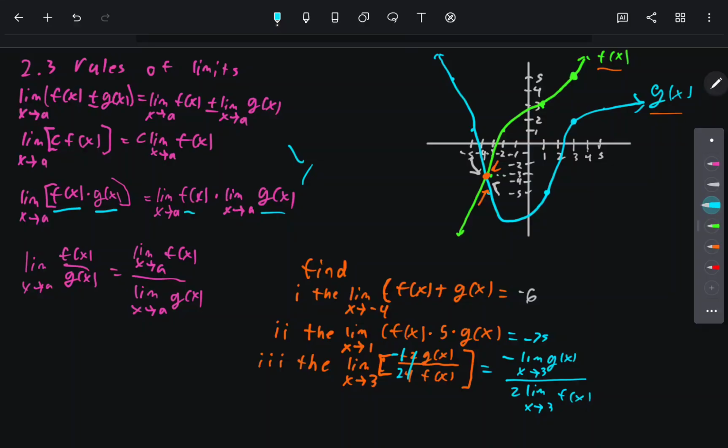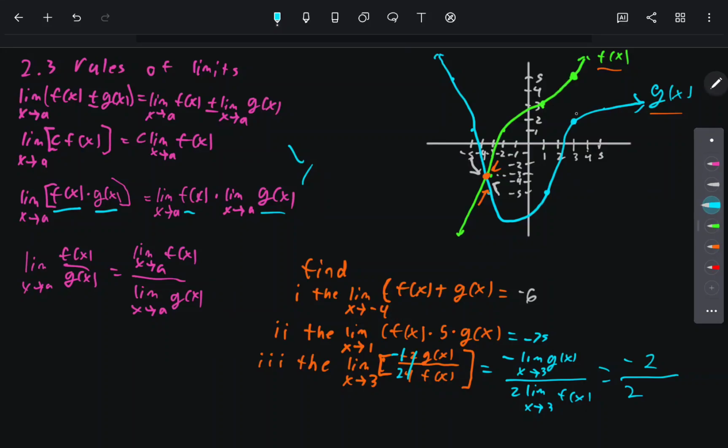So g of x, we're looking at the function in blue, and we're looking at it at x equal to 3. That looks to be a value of 2. So the limit as x approaches 3 is 2, times negative 1 is negative 2, over 2 times the limit as x approaches 3 of f of x.